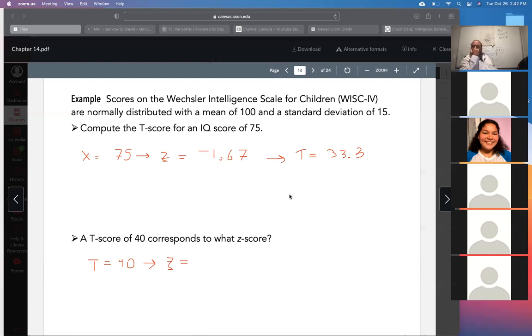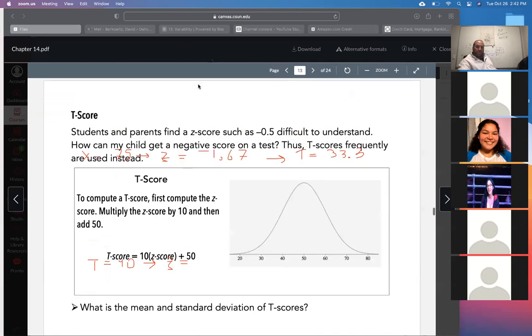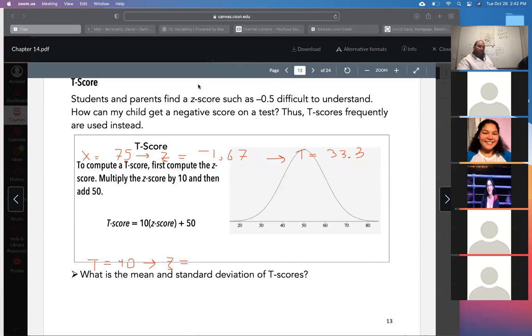T-score equals 10 times the z-score plus 50. Yeah, so you put the 10 and then you put the parentheses with the answer negative 1.67, parentheses plus 50, and then you multiply 10 times 1.67. Okay, t-score is multiplying the z times 10 and adding 50.